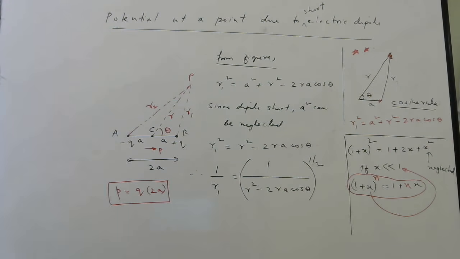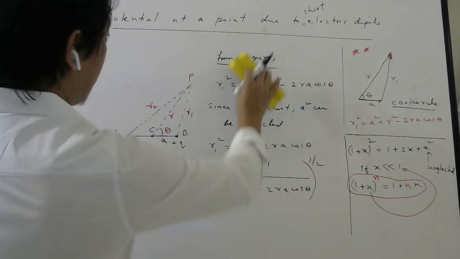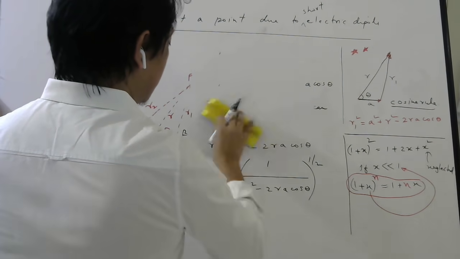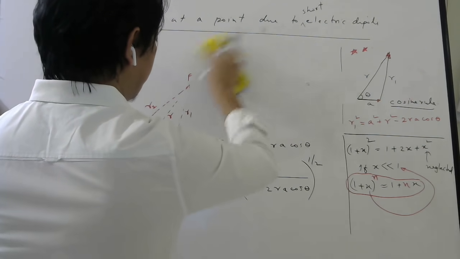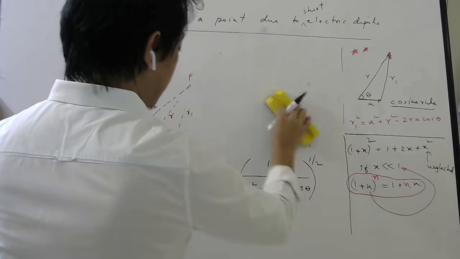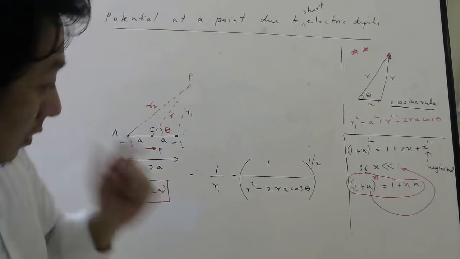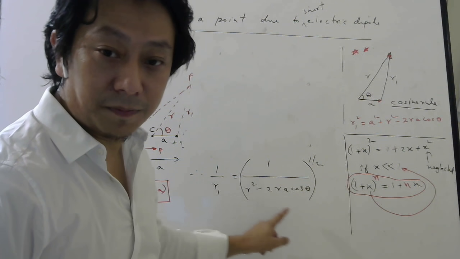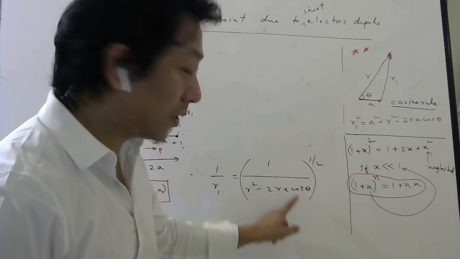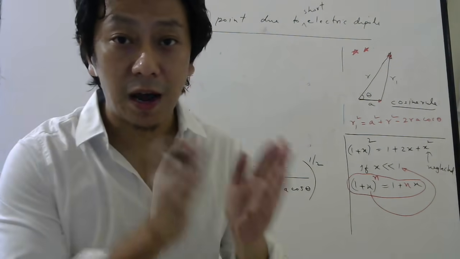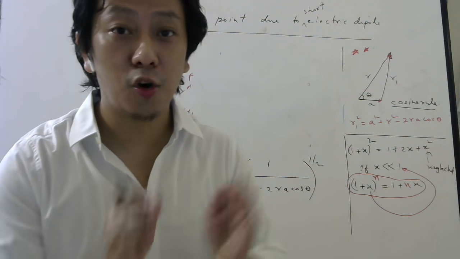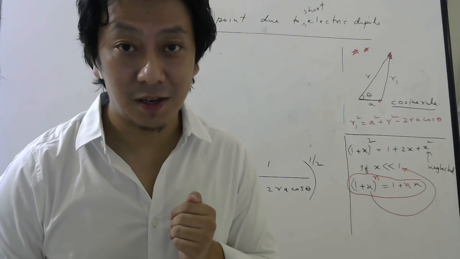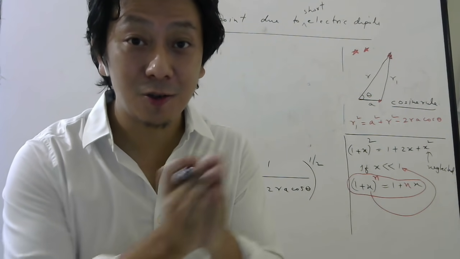Now look carefully, students. Let me keep this. So now listen carefully. You know that this is still large compared to this. Whenever you have large plus small or large minus small and you want to do approximation, then always take the large common.